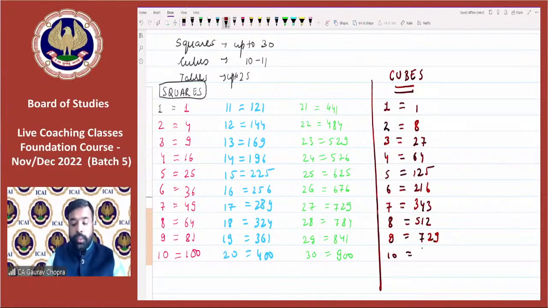And then 10 cube is 1000. And if we write for 11, it is 1331. So these are basically cubes. Okay. So if we remember all this, it becomes very easy for us to solve.